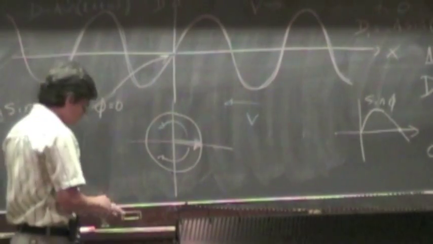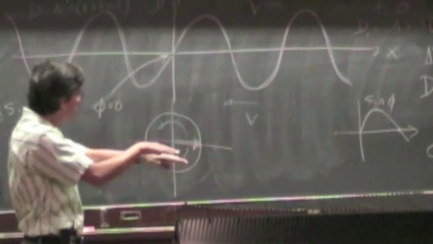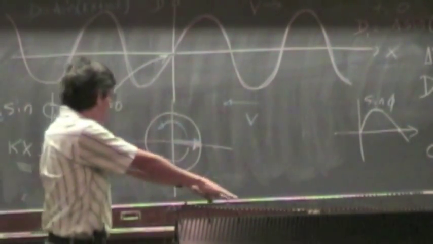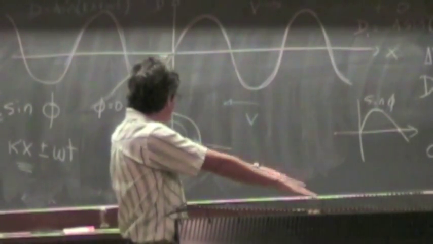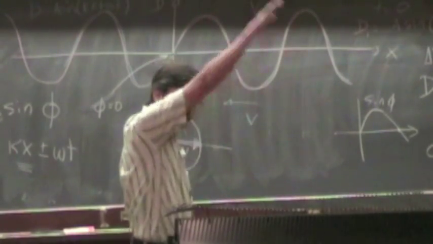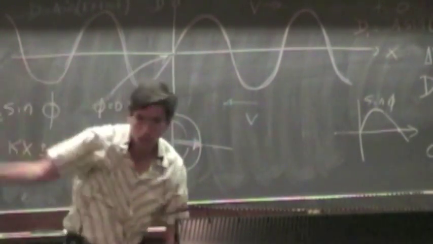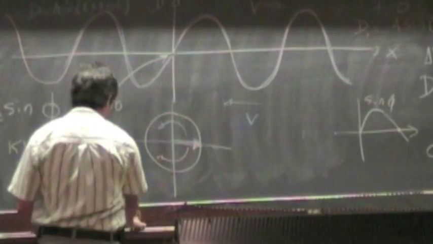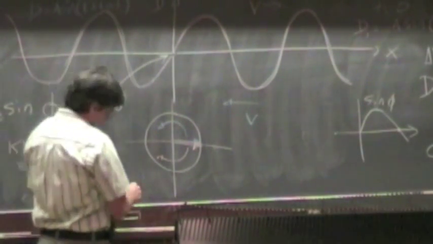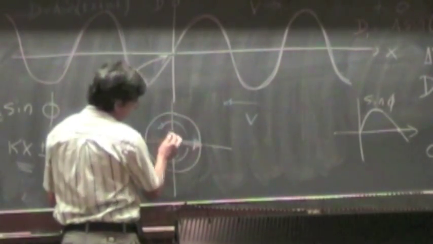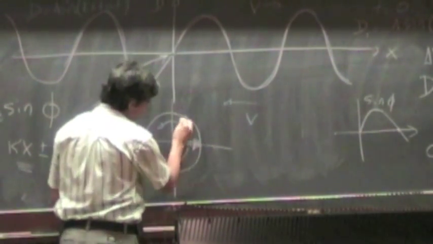So notice that those two phasors are moving in opposite directions. One is going down. I'm going to try to do that with my hands. The red one is going down, the blue one is going up. And they keep spinning, one in one direction, the other in the opposite direction. So sometime later, how does it look? The blue one, which is spinning this way with omega t, is going to be pointing this way.